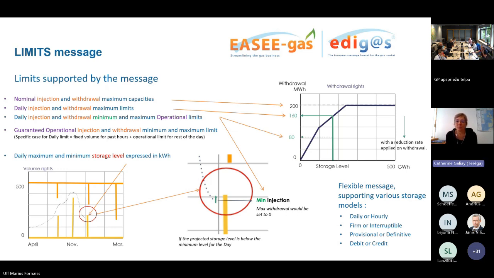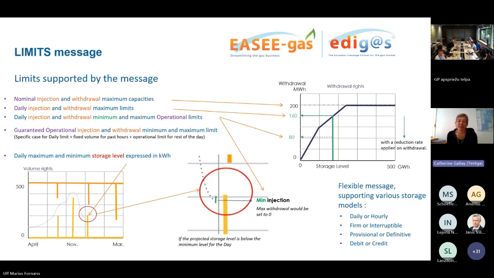Then to finish, the fourth bullet point is specific for daily regime for nomination as used in France. The limit message also allows sending to the customer the guaranteed operational injection and withdrawal minimum and maximum limit. This is an updated daily operational limit, which takes into account the within day fixed quantity.